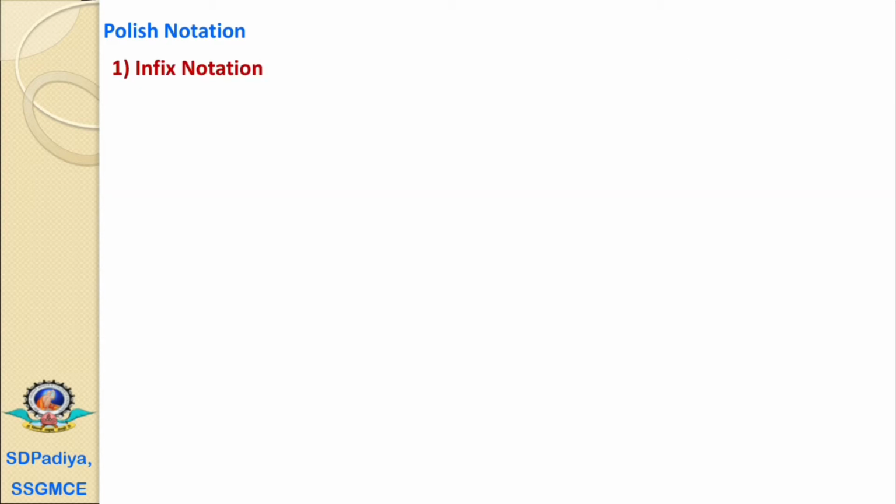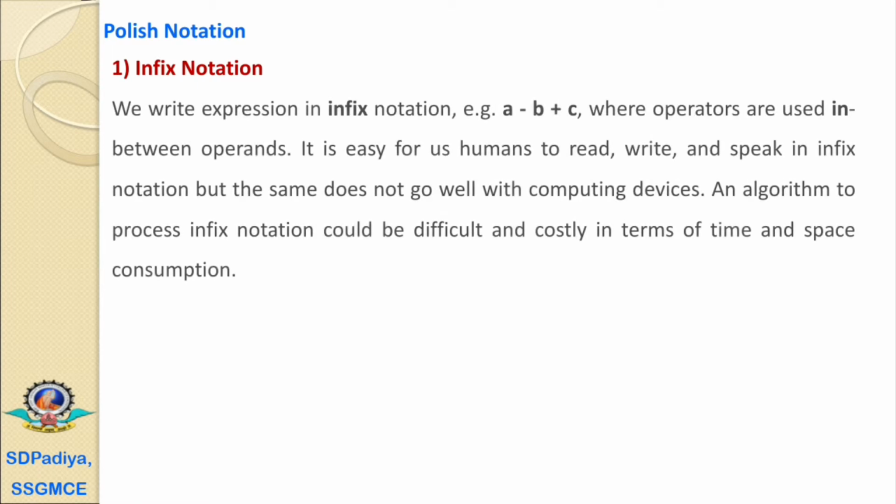Now we'll check the first, the infix notation. We write the expression in infix notation, for example, a minus b plus c. In general mathematics, we have adopted this method to write down expressions. In this example, the operators are used in between the operands.